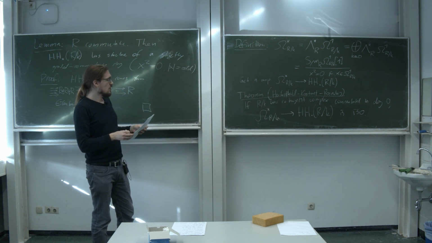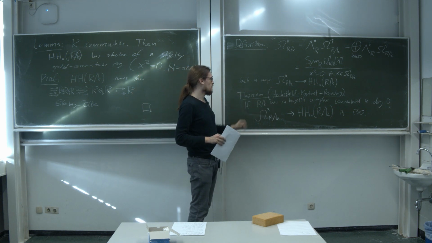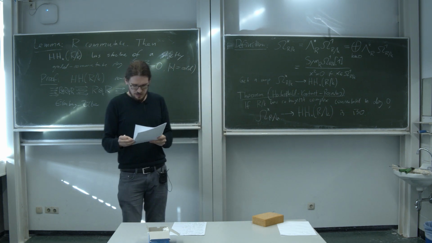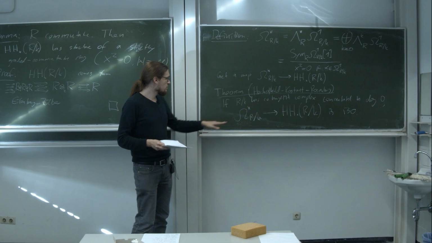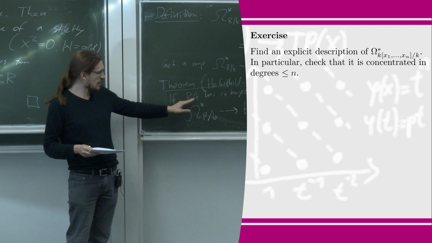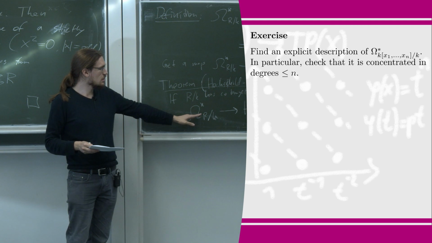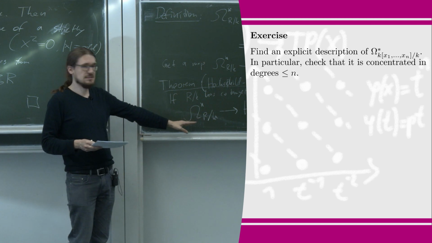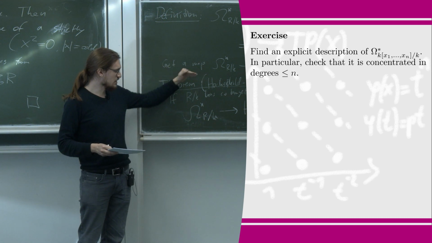For now, we will simply discuss it in the context of a polynomial algebra over K. And a good exercise at this point, if you've never seen the de Rham complex, would be to work out what, in the case of a polynomial algebra, this exactly looks like. And in particular, if you have a polynomial algebra in n generators, it's nice seeing explicitly for yourself that this is really bounded by degree n.